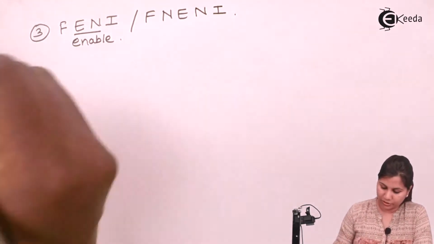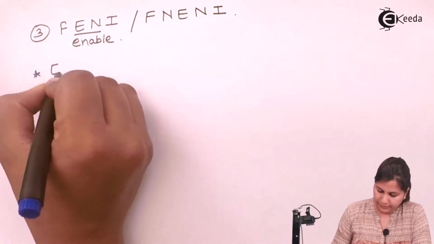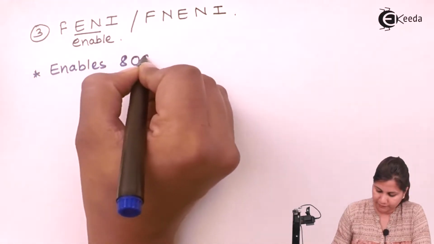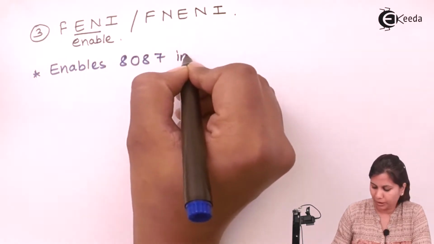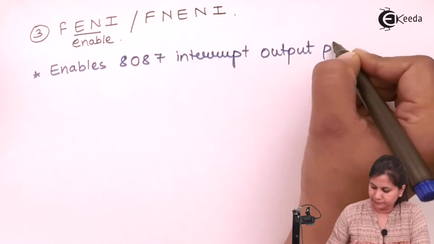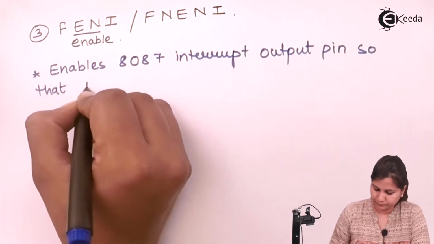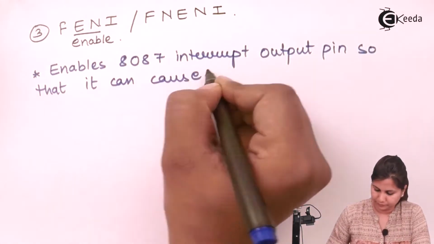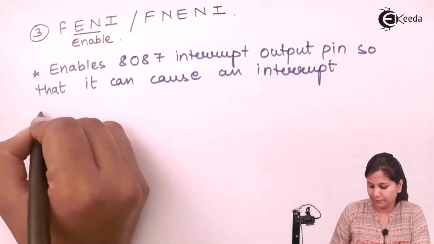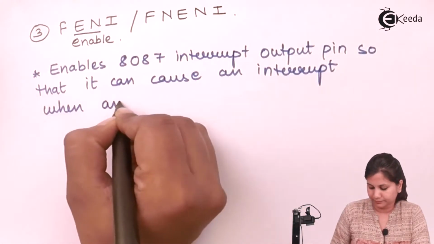So this instruction enables the 8087 interrupt output pin so that it can cause an interrupt when an exception occurs.